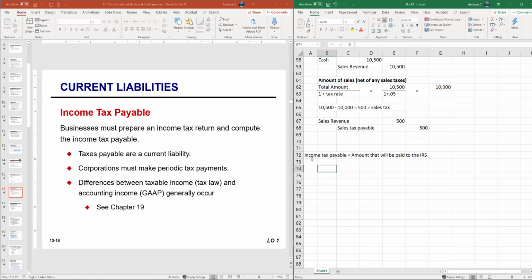When we deal with income taxes, the income tax expense on the financial statements generally won't be the same as the amount of income taxes we have to pay to the IRS. The reason is that for income tax expense on the financial statements, we've calculated income using GAAP.